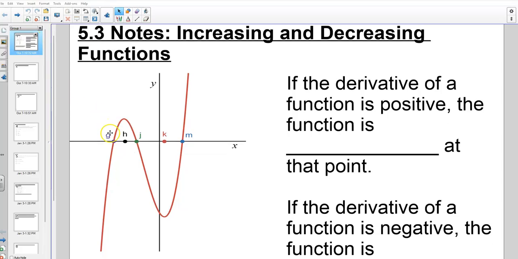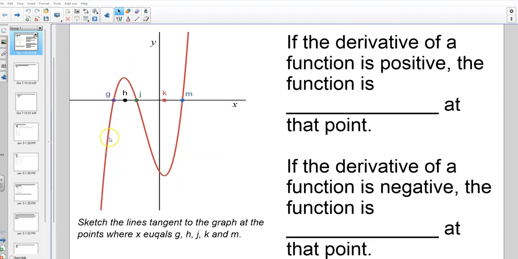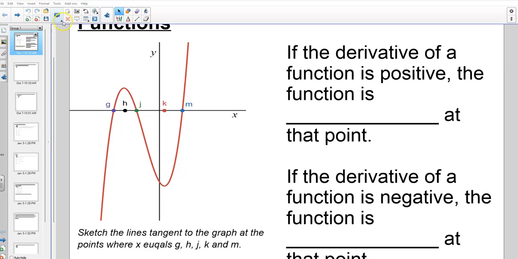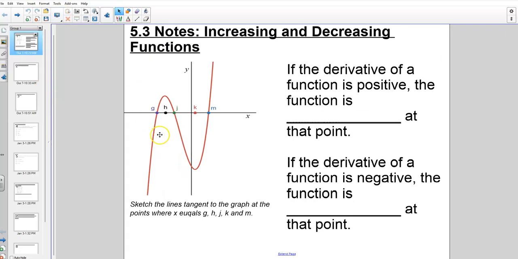Okay, so if I look at this graph that I have here, it tells me to sketch the lines tangent to the graph at the points where x equals, not whatever it says there, G, H, J, K, and M. So if I were to draw in little tangent lines, right here my tangent line would look like this.